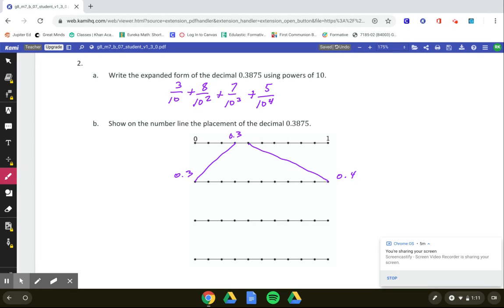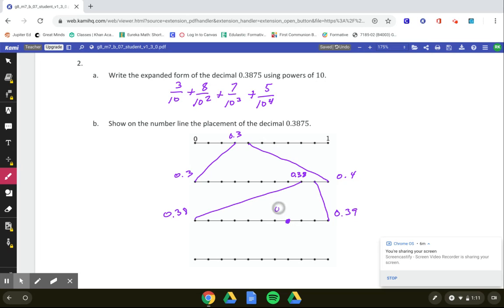Then our next digit is an 8, so we're looking for the 8th spot between 0.3 and 0.4. So 1, 2, 3, 4, 5, 6, 7, 8. So 0.38 is our lower boundary, and 0.39 is our upper boundary. Then we're looking for a 7. So 1, 2, 3, 4, 5, 6, 7.